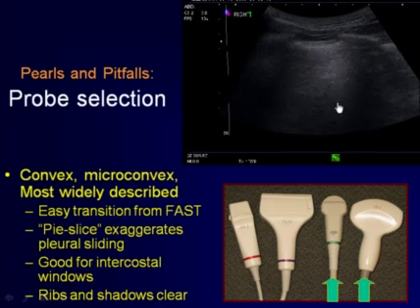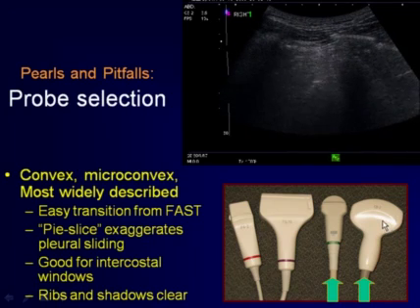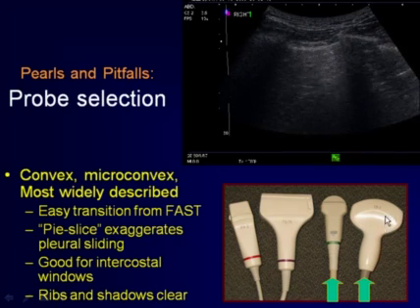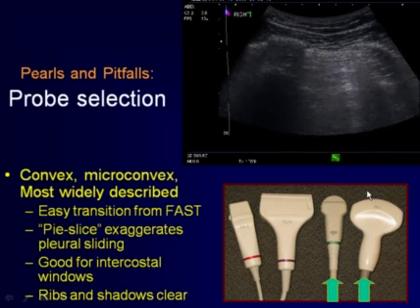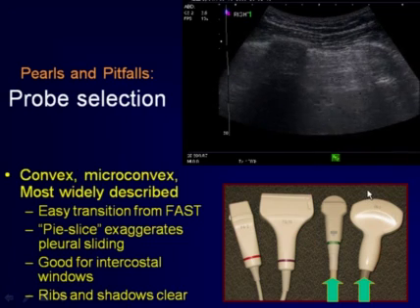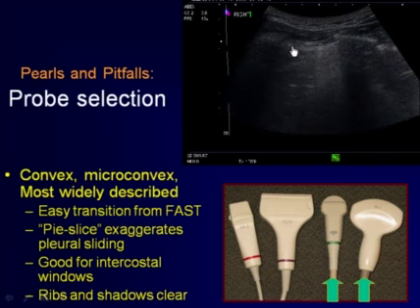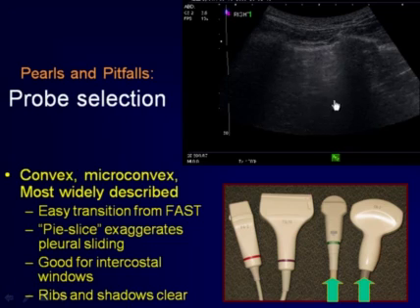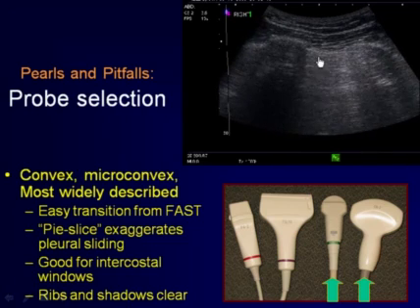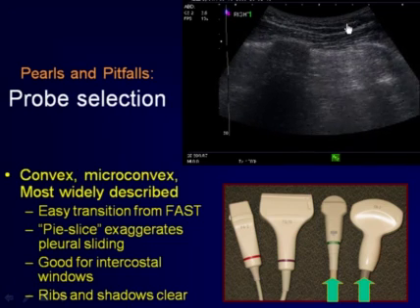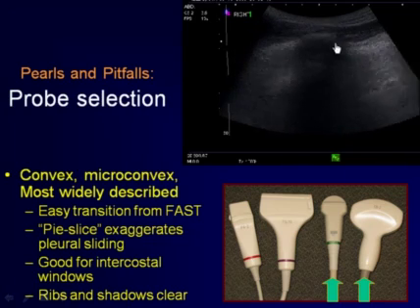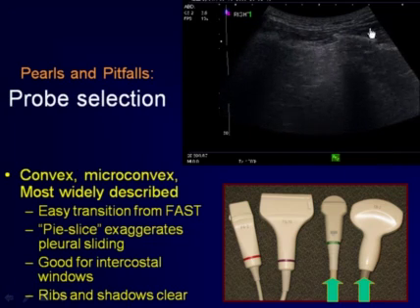Oftentimes, though, even though the curved array probes have a little less resolution and are not designed primarily to work at such shallow depths, the curved array probe often seems to exaggerate the movement of the pleura by causing faint little lines that can be clearly seen moving across the screen with the angle created by the curved array probe.